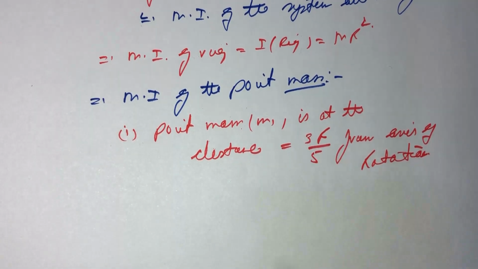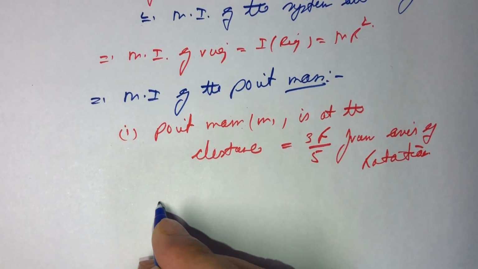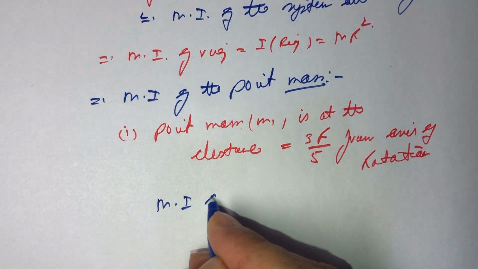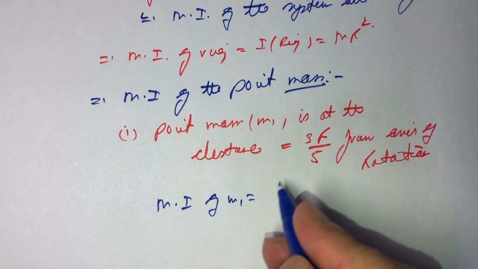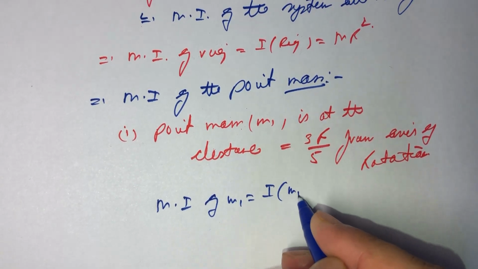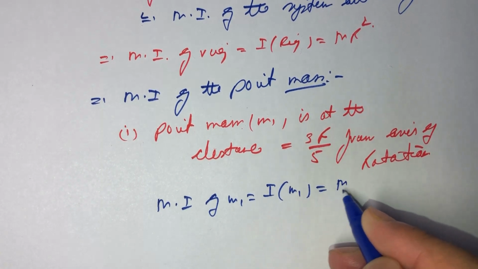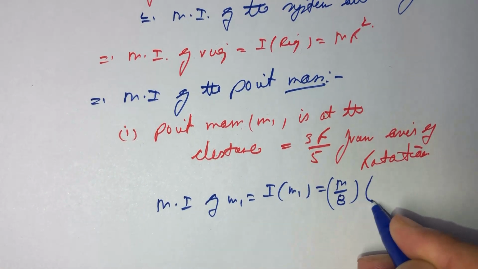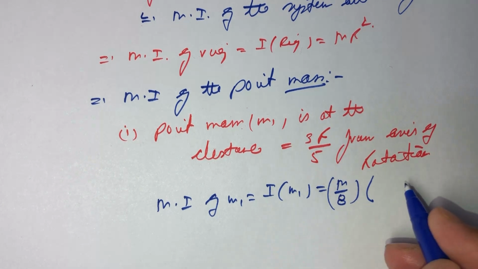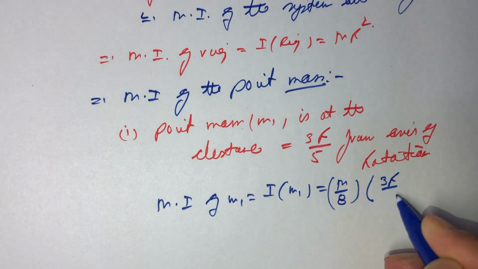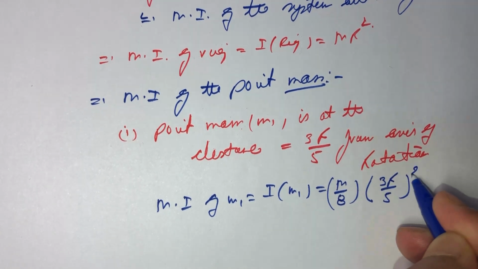Therefore, we can write its moment of inertia. Moment of inertia of m1, let us call this I m1, will be equal to its mass, which is given as m by 8, and the distance from the axis of rotation is 3r by 5. So this becomes 3r by 5 whole square.